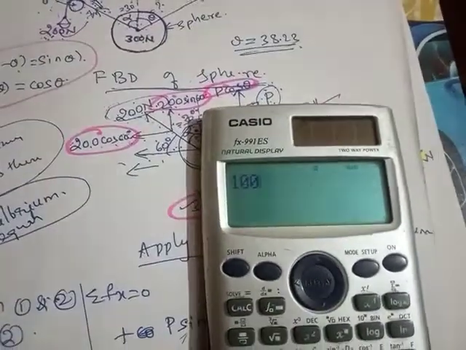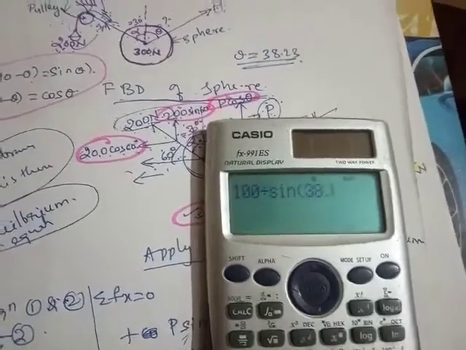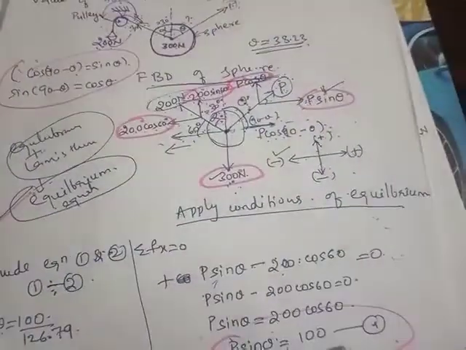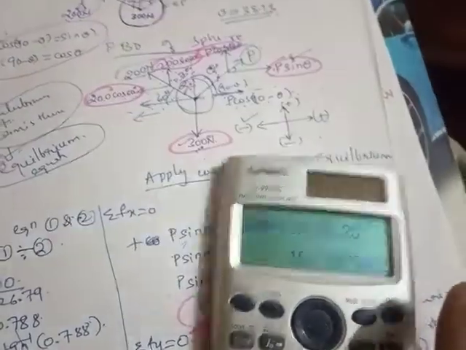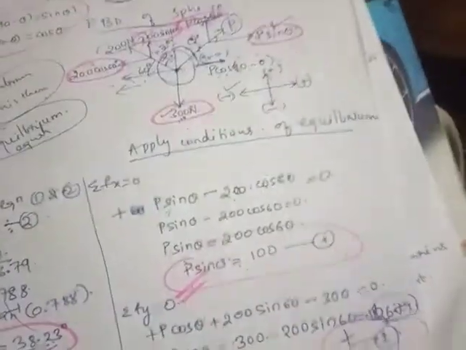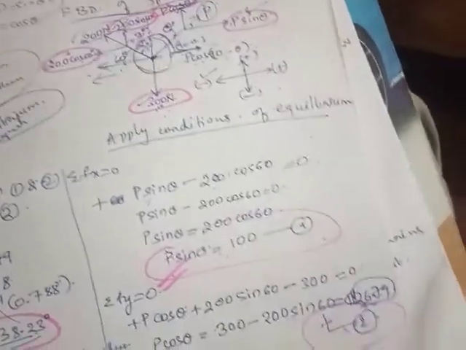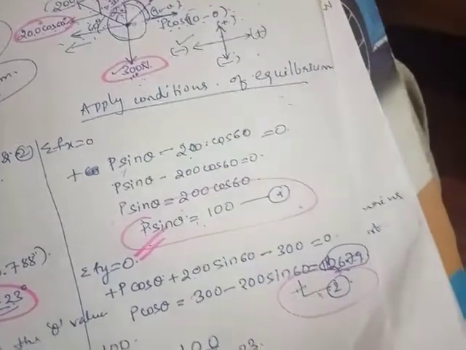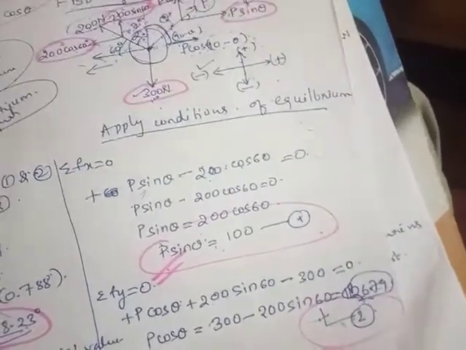What is 100 divided by sin 38.23? It is coming around 161.59. So P equals 161.59 Newton.